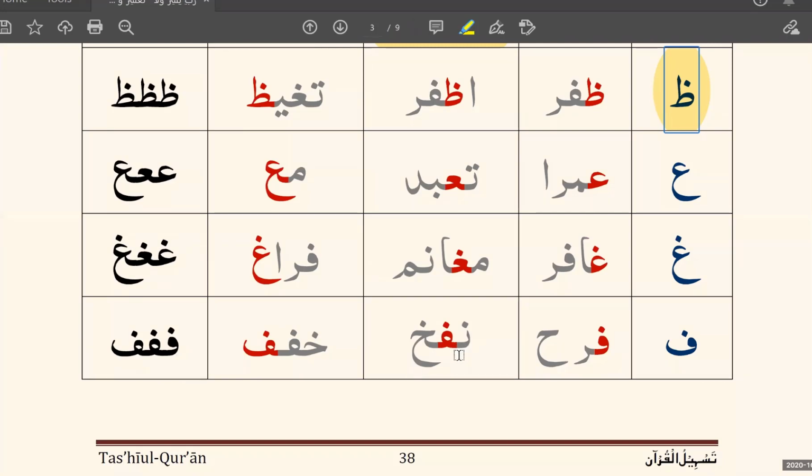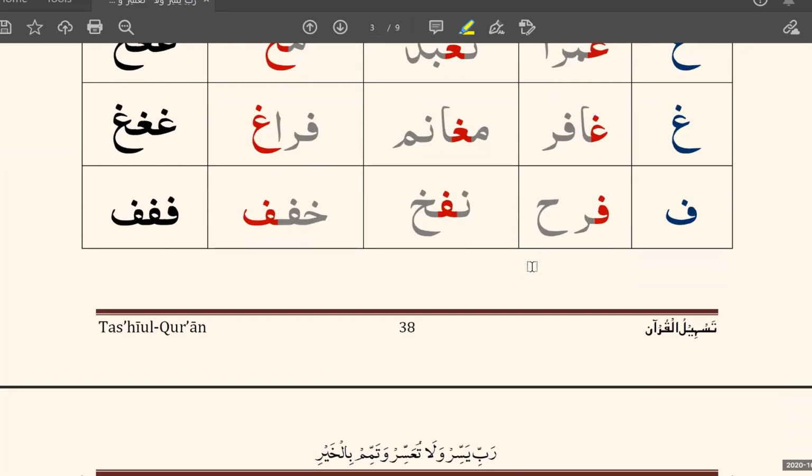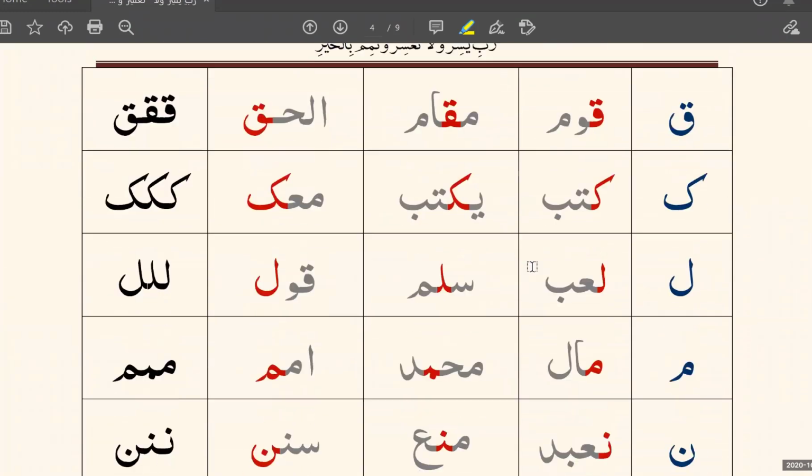Fa, Noon, Ha, Ra, Fa. Okay. So whenever it is said from left to right, it means that box left to right, but you have to read the word from right to left, even in the box. That's excellent. Jazakumullah.